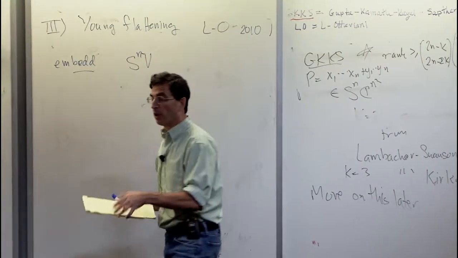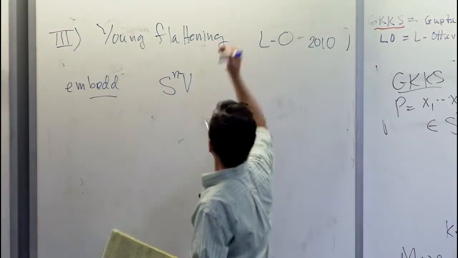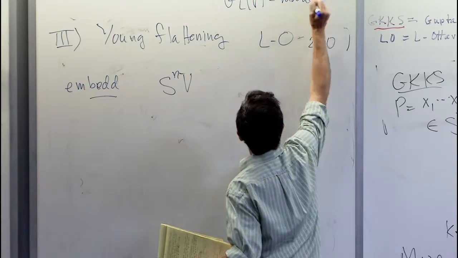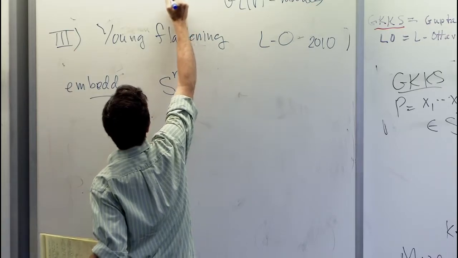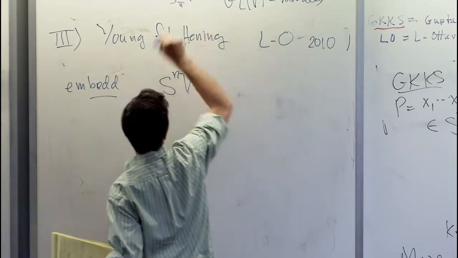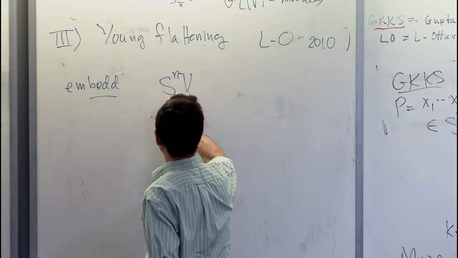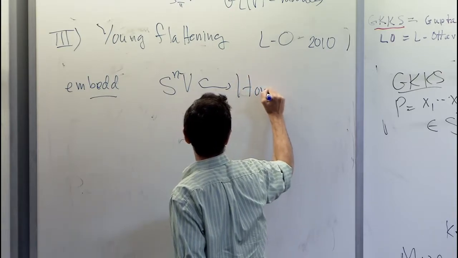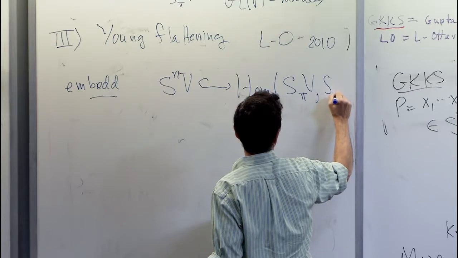So again, when we're looking for modules of equations, we're looking for GL(V) modules. And those are given by, at least the polynomial ones, I'll write as S_pi V, where pi is a partition. So what this should be is we need to embed our space of polynomials inside the space of linear maps from some module to another.